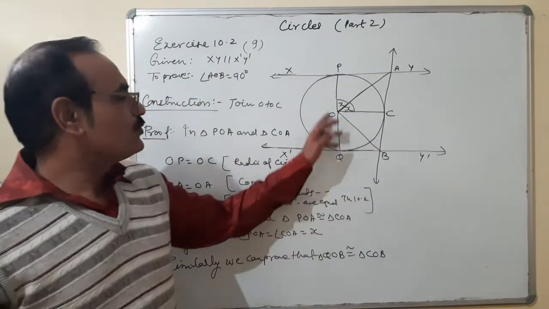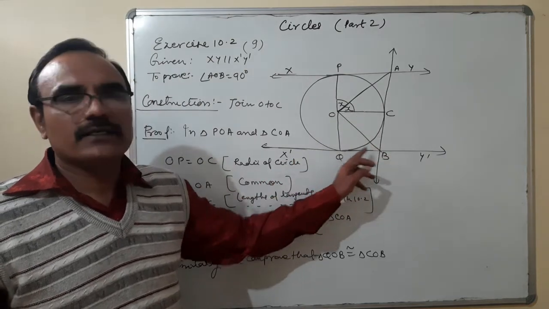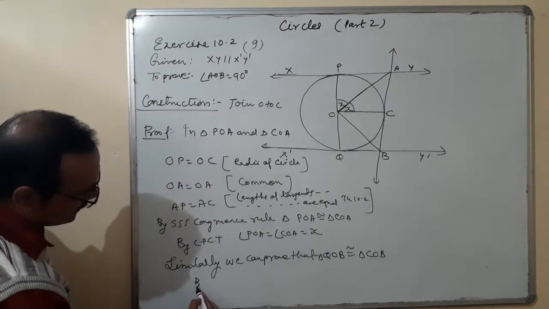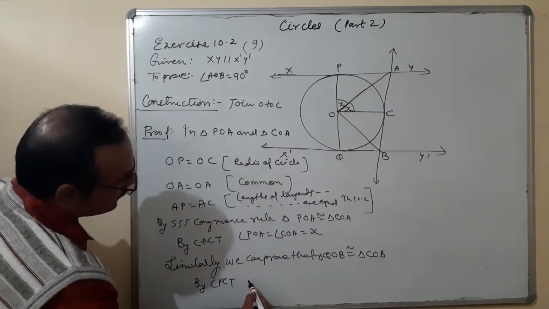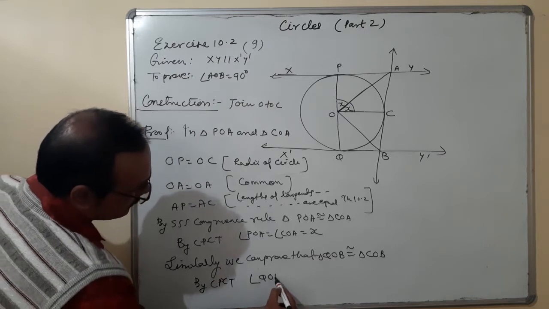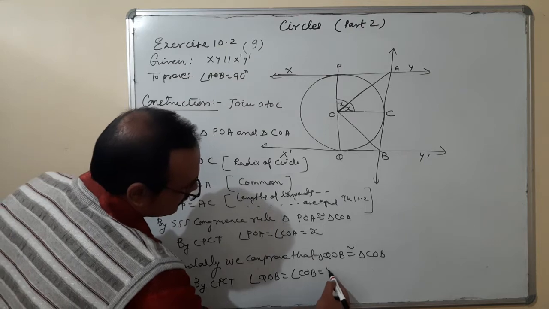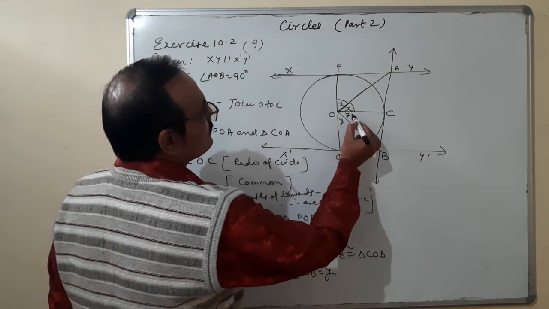Same procedure: in triangles QOB and COB, radii are common, and this is theorem 10.2, by side congruency. Therefore, by CPCT, angle QOB is equal to angle COB is equal to Y. So that is Y, and here is also Y.